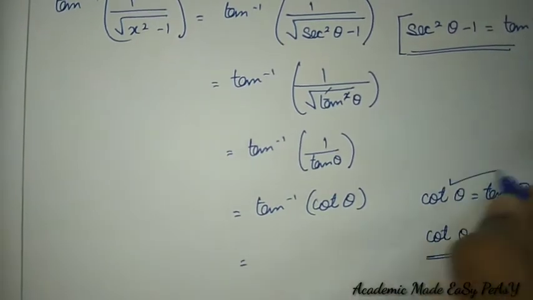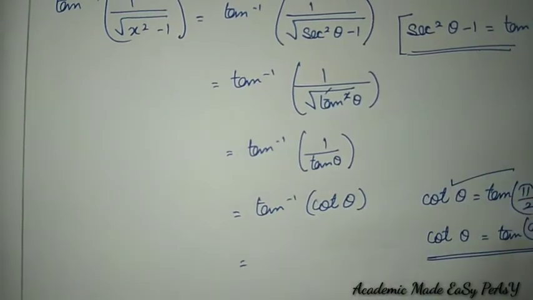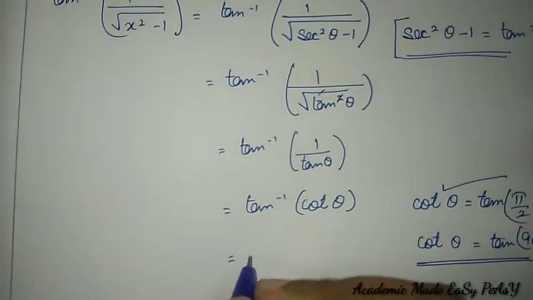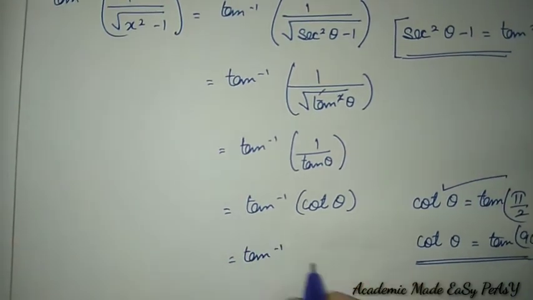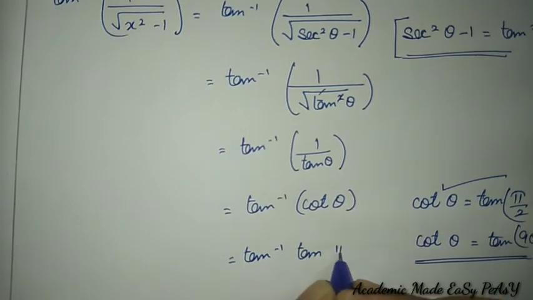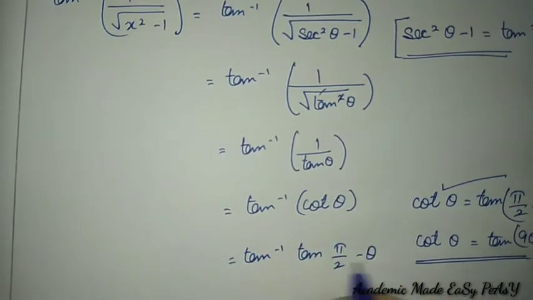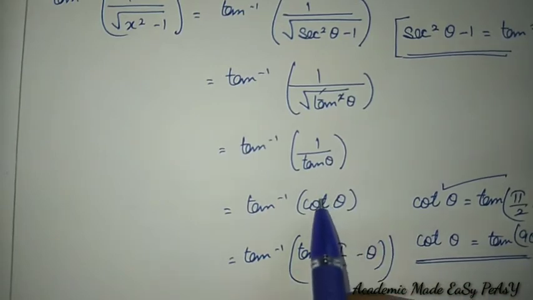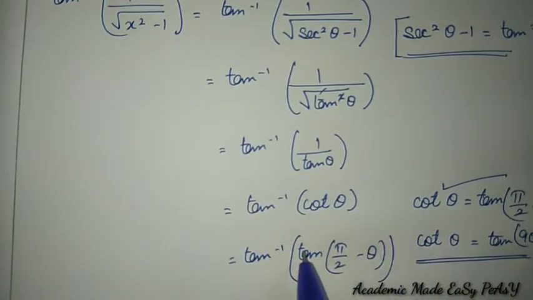So now we will be taking tan inverse of tan pi by 2 minus theta. I have changed this cot theta to tan pi by 2 minus theta.